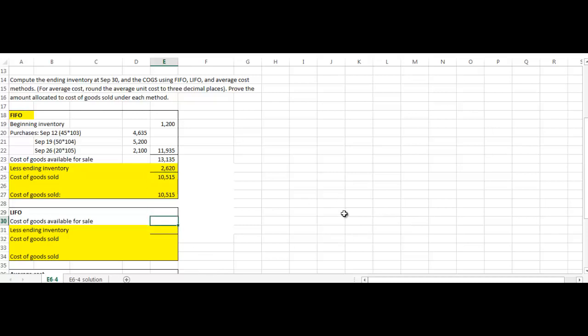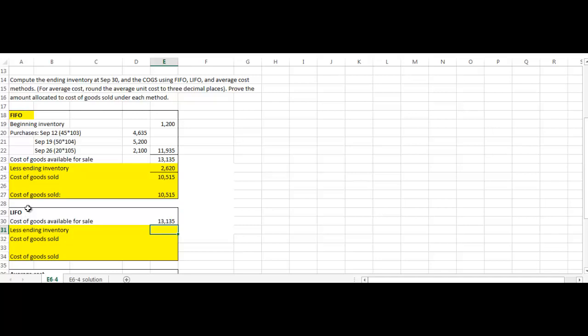Next up is LIFO. We don't need to recalculate cost of goods available for sale. We already did that above. Our ending inventory we calculate for LIFO as being, instead of the last in, the first in, because the last in are going to be the first ones out the door in cost of goods sold.